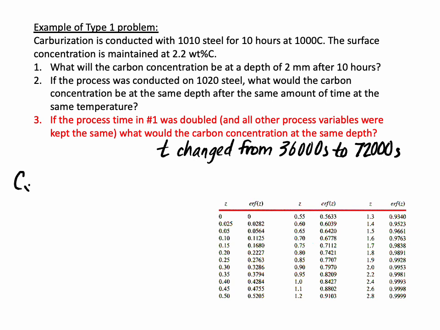I have C sub x minus, and we're going back to using the original carbon concentration of 0.1 divided by 2.2 minus 0.1 is equal to 1 minus the error function.